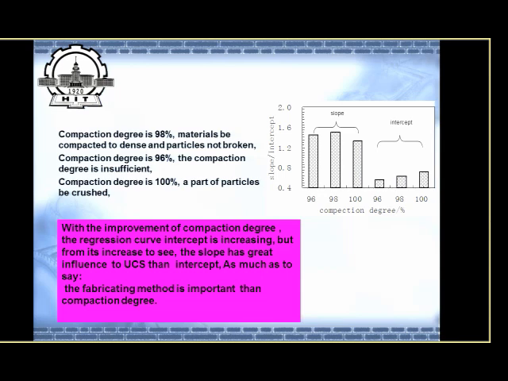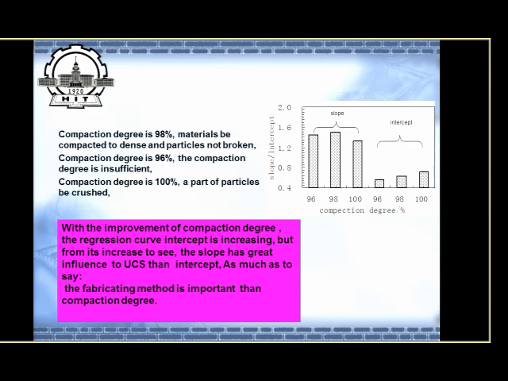And when the compaction degree is over 100%, I think a part of the particles will be crushed, so the slope will go down. So we can improve the compaction degree to get a higher UCS.